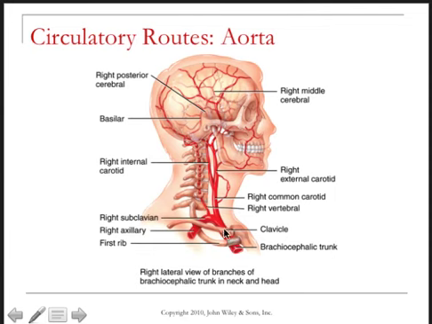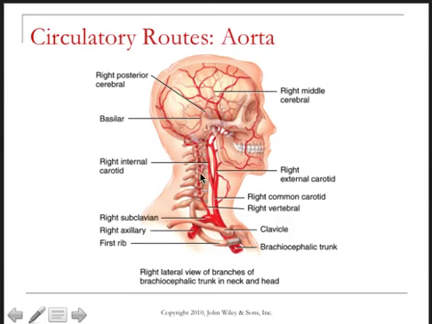Another major branch that comes off the brachiocephalic trunk after we branch into the carotid is the vertebral artery. The vertebral artery passes through these transverse foramina.